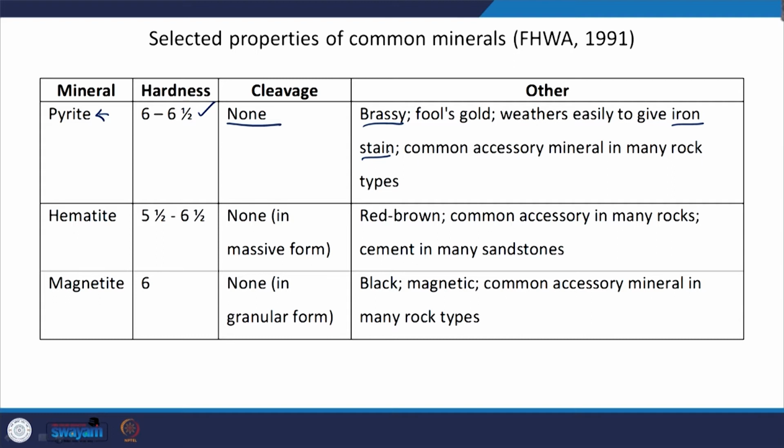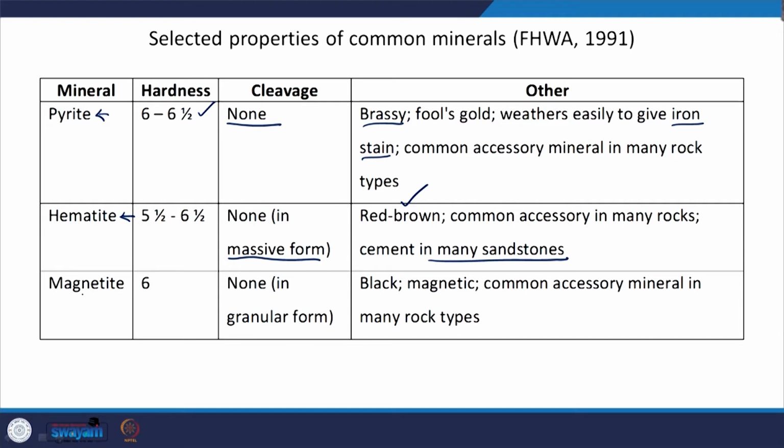So, we need to be careful that if we have such characteristics, then there are chances that pyrite is the mineral. Then the next one is hematite, which has hardness between 5.5 to 6.5, and when it is in the massive form, we do not observe any cleavage plane. The color is red brown. It is the common accessory mineral in many of the rocks and cement in many sandstones.